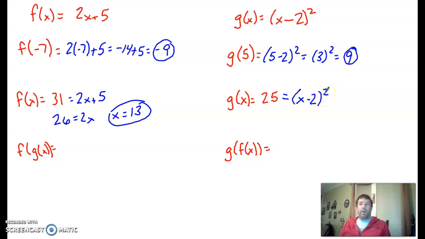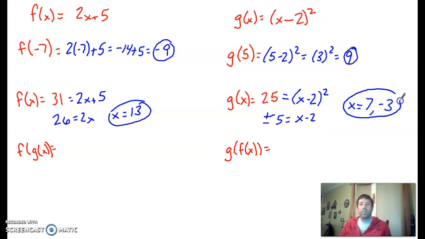Now we think about square rooting to get rid of the square, and we get two answers, positive or negative 5, because we could square positive 5 to get 25, and we could square negative 5 to get 25. So that leaves us with x minus 2, and then we add 2 to both of those answers. Positive 5 plus 2 is 7. Negative 5 plus 2 is negative 3. So we get two answers for this one.